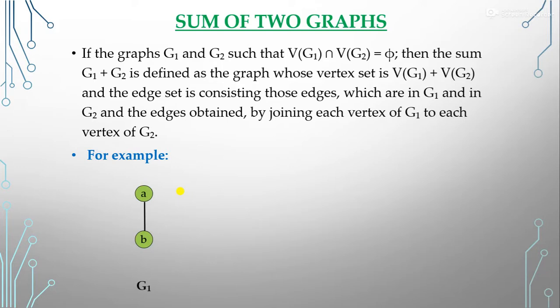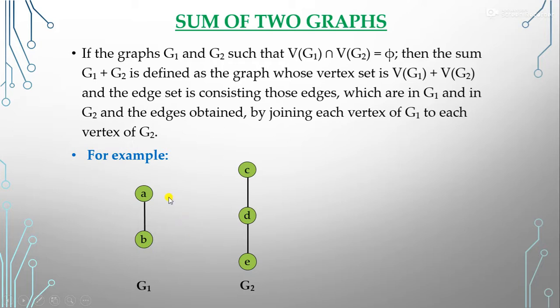Suppose this is our graph G1. Here we have two vertices, A and B, and one edge, AB. Now suppose another graph G2, in which we have three vertices, C, D, E and two edges, and we can see that no vertex is common in both graphs.